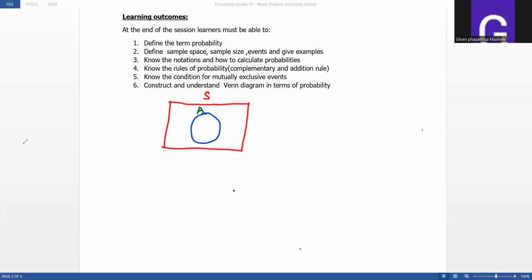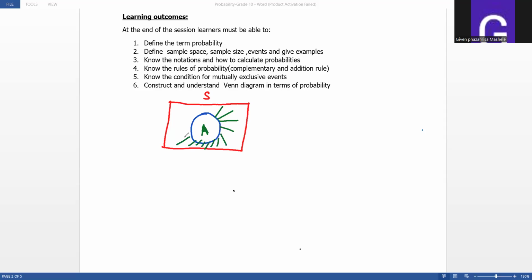So if this is event A, let me just put it inside there. If this is my event here, let's call it A. It means that anything that is not in this A is actually not A. It's outside, it's here.